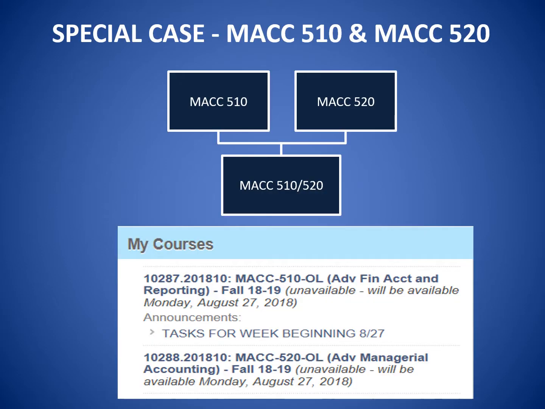The information and assignments contained in MAC 510 are combined with the information and assignments in MAC 520. So these two courses are combined into a functional single course called MAC 510 520, which is a combination of all the information and assignments for MAC 510 and 520.